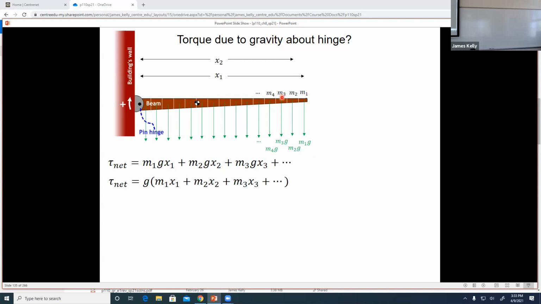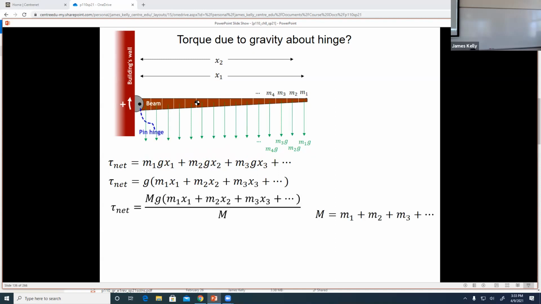First step is there's a common factor of little g in each one of these. So let's factor that out in front. The second step is a little bit of a trick. What I'm going to do is multiply by the total mass of the beam, but also divide by the total mass of the beam. So I haven't done anything, right? I've just multiplied by the same thing in the numerator and denominator.